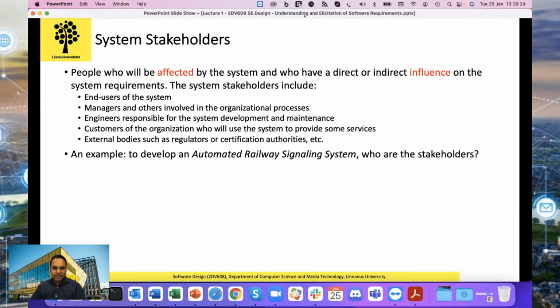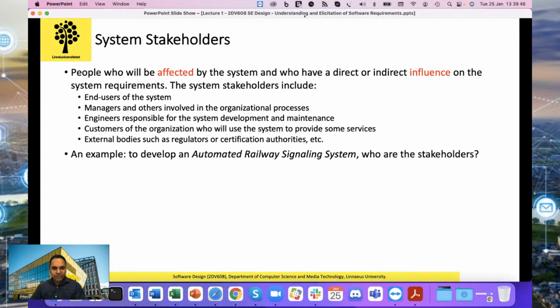So stakeholders can be end users of the system, stakeholders can be managers, or any management people who are managing or running the organization. It can be engineers who are developing or testing or maintaining the system.